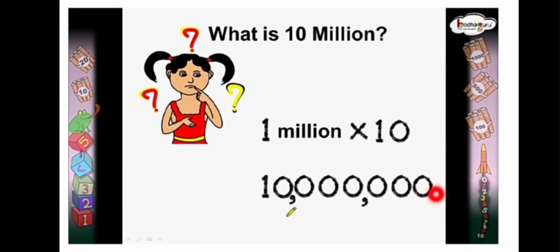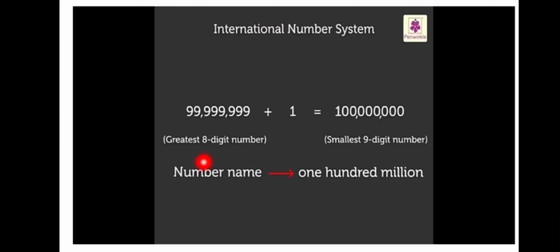10 million has 8 digits: 1, 2, 3, 4, 5, 6, 7, 8. So here 1 is followed by 7 zeros. Now take the greatest 8-digit number, that is 99,999,999.